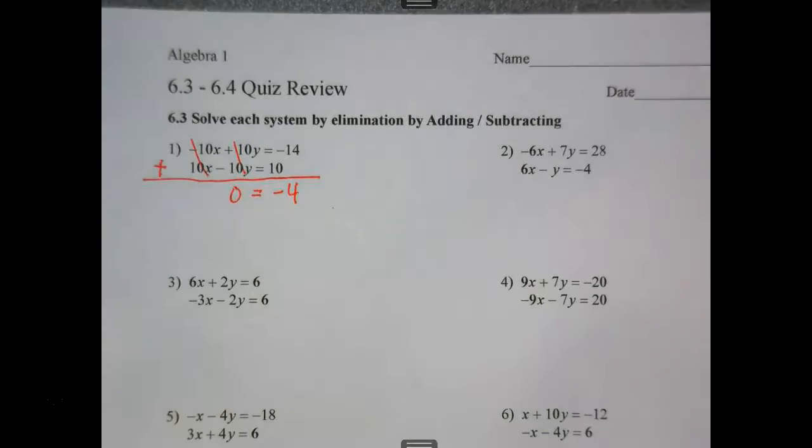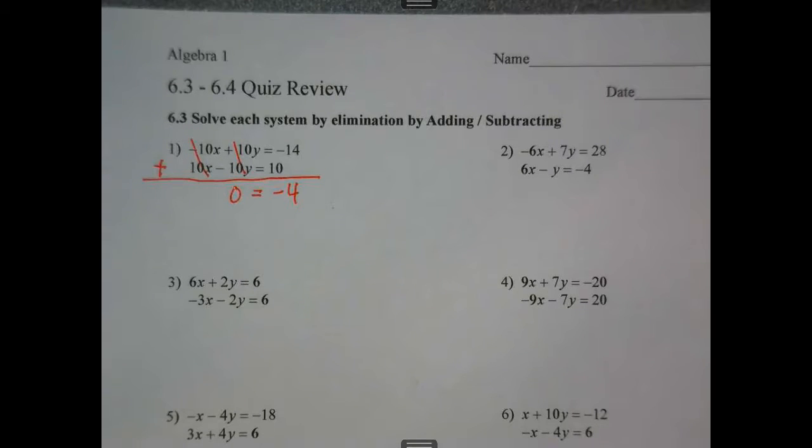Now, again, remember, we can get one of three cases: either exactly one solution, no solutions, or infinitely many solutions. If I have exactly one solution, I have a variable equals a number, then I have to go back and find out the other variable. But here, I don't get a variable in my answer.